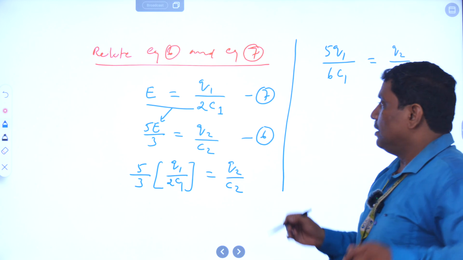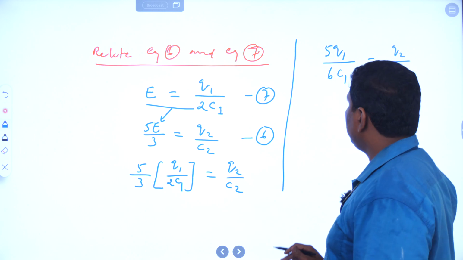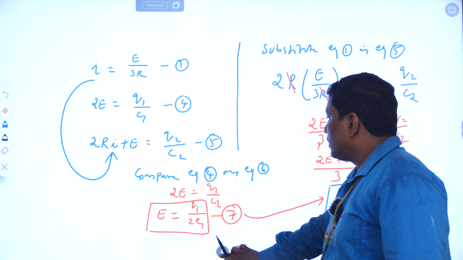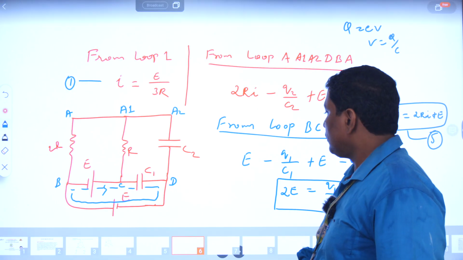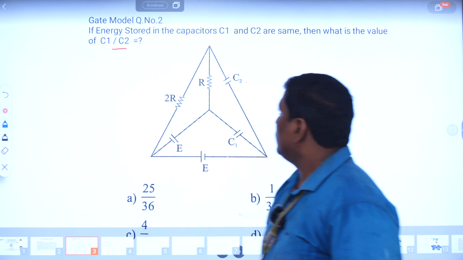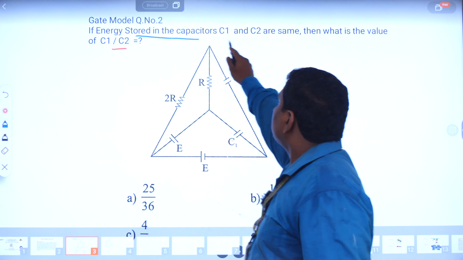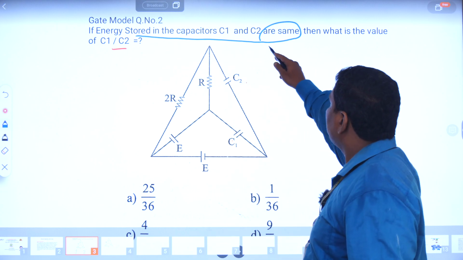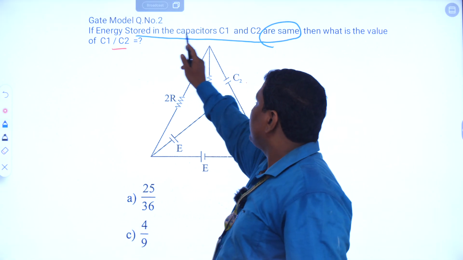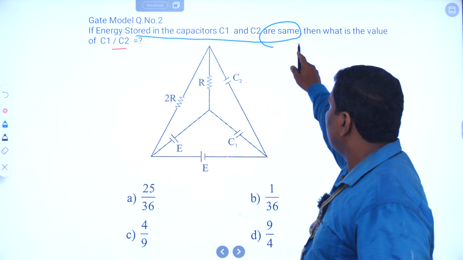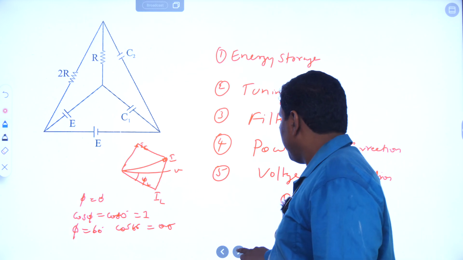Now check the problem. The energy stored in the capacitor C1 and C2 are same.